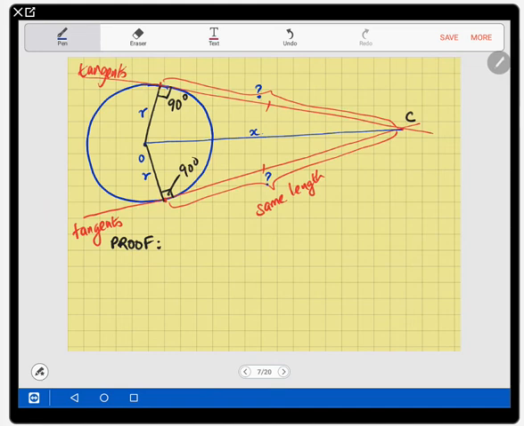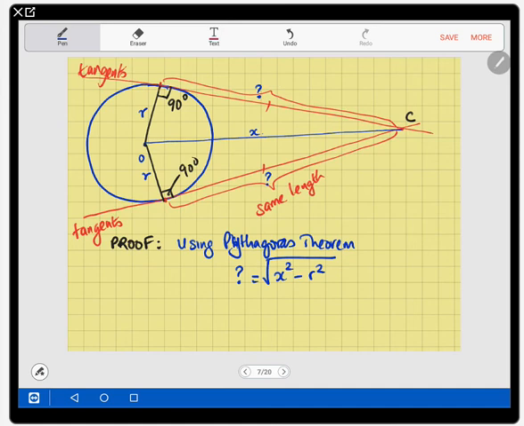Well, using my Pythagoras theorem, that was my very first lesson if I remember well, this will be equal to the square root of x squared minus r squared.